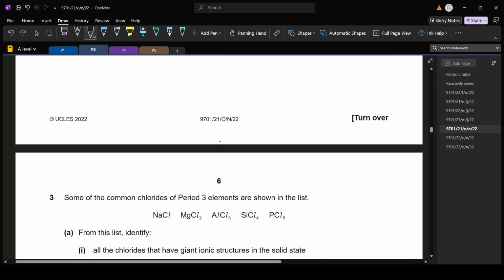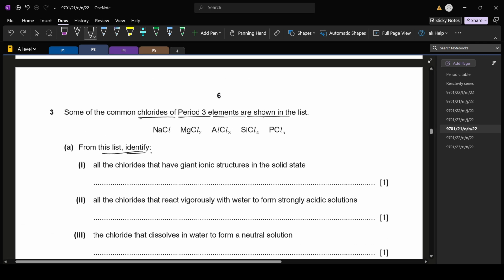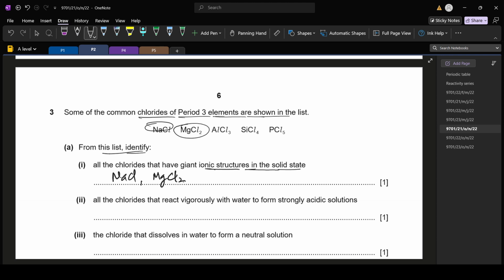Question number 3. Some of the common chlorides of period 3 elements are shown in the list. From this list identify all the chlorides that have giant lattice ionic structures in the solid state. Now you know that NaCl and magnesium chloride are both giant lattice. Now let's talk about AlCl3.